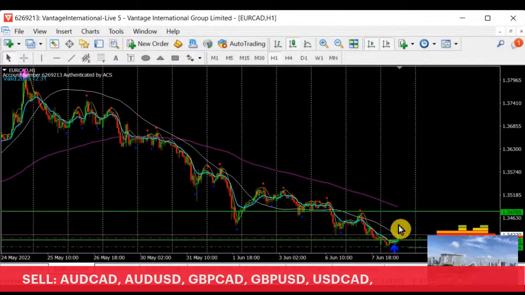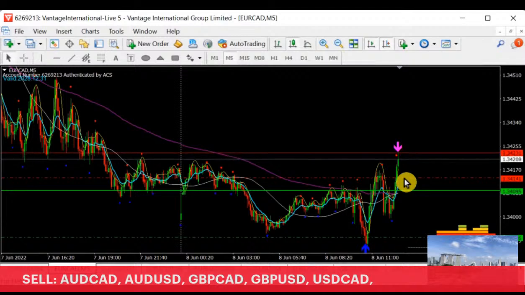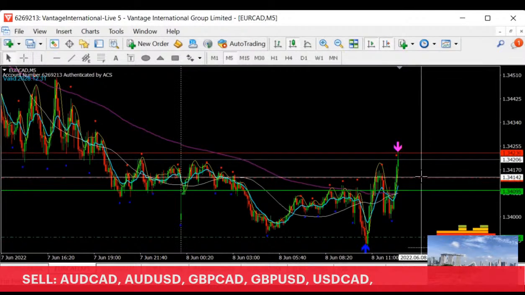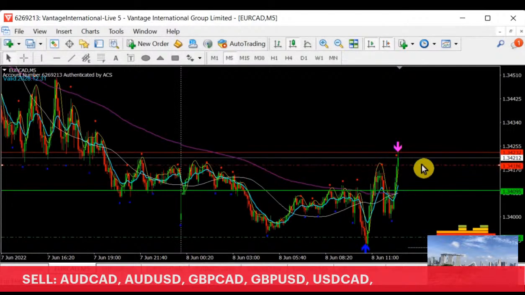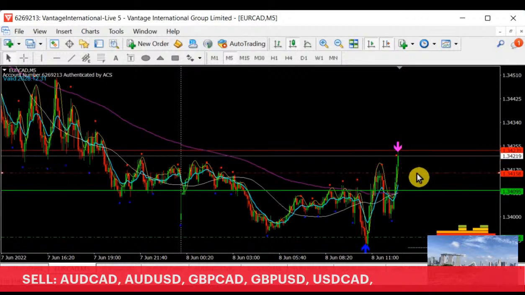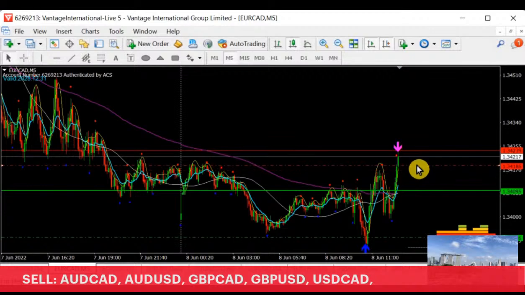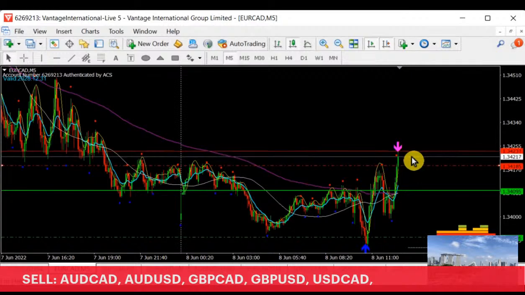My entry, once it has come back to retest this resistance, which may become a support, and another buying candle comes along, I will start buying, if I'm going to enter a buy for EuroCAD.